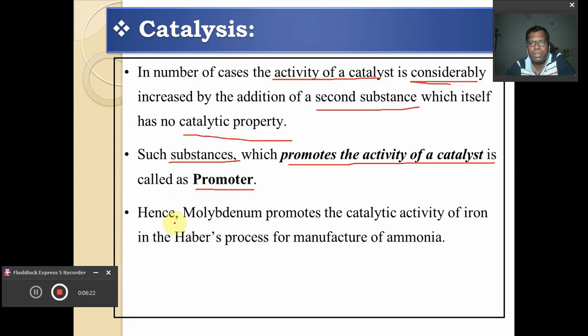For example, molybdenum promotes the catalytic activity of iron in the Haber process during the manufacturing of ammonia. This molybdenum does not act as the catalyst. Here the catalyst is the iron, but the catalytic activity of iron is enhanced due to the presence of molybdenum. So molybdenum is called the promoter and iron is called the catalyst.